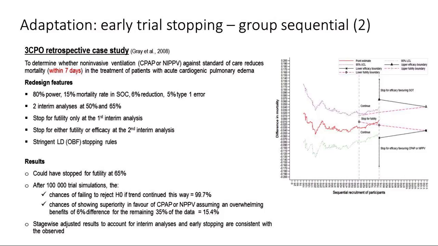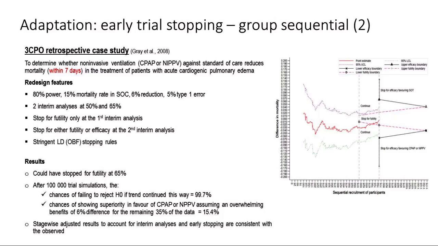Even regulators are sometimes flexible in how they view things. Sometimes it depends on the population as well. If you've got a fixed population, like in rare conditions where you're looking at 50 patients, you are stuck. You can't do it after 200 patients because you've got only a maximum of 50. So there are a lot of things to consider at the beginning.